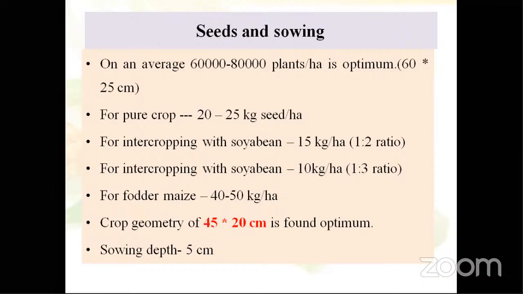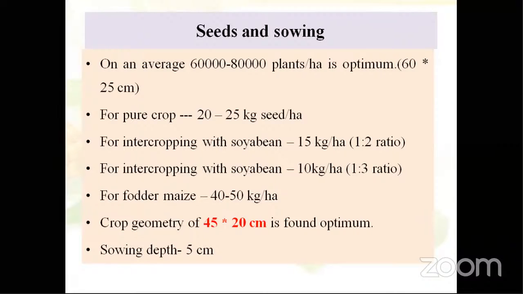In case of larger seeds like maize and cotton, we use 100 seed weight, that is seed index. To calculate seed rate, we need spacing, area or plant population, test weight, purity percentage, and germination percentage. Anyhow, we will discuss that later.